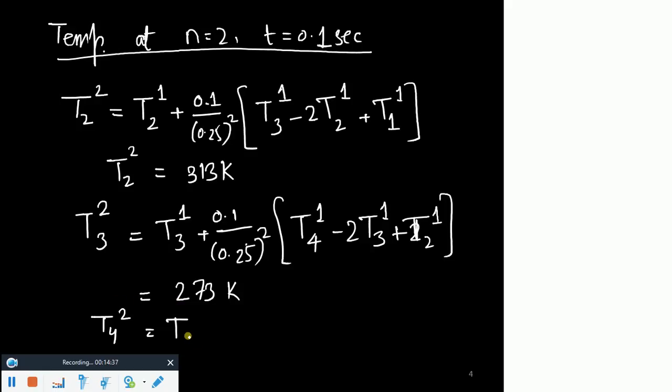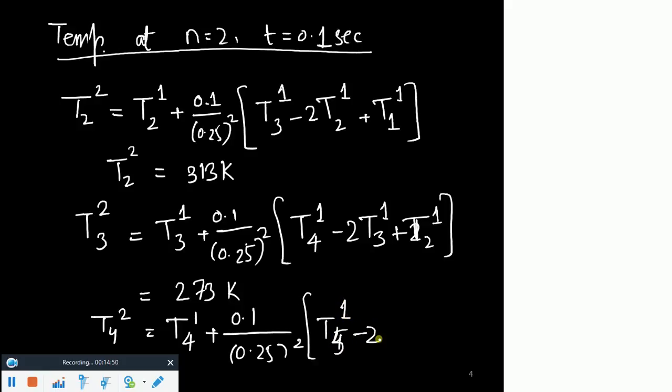Let's say this is T4,1 plus 0.1 over 0.25 squared times T5,1 minus 2T4,1 plus T3,1. Sorry, I don't have a calculator, so number crunching is with you.